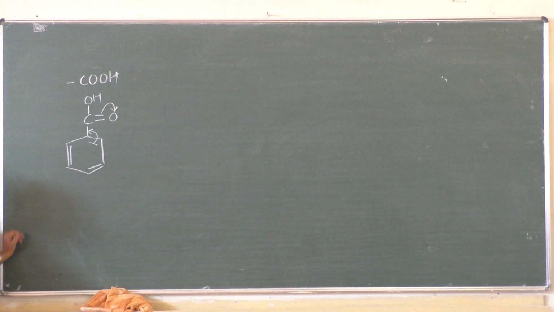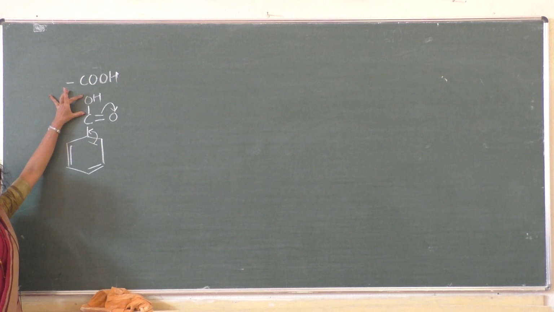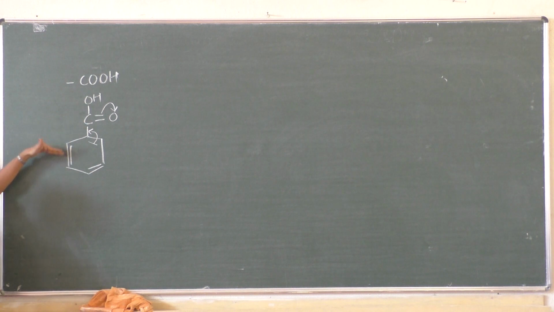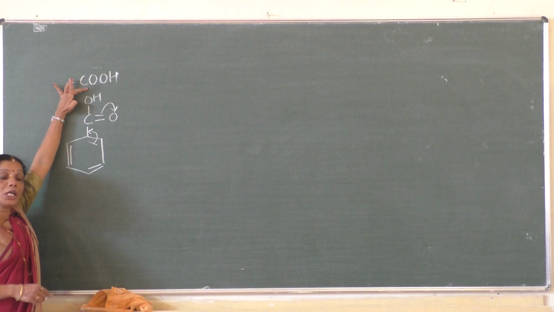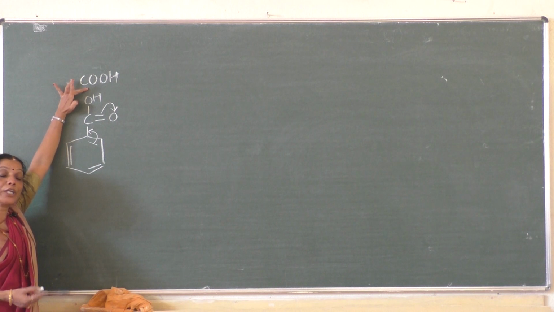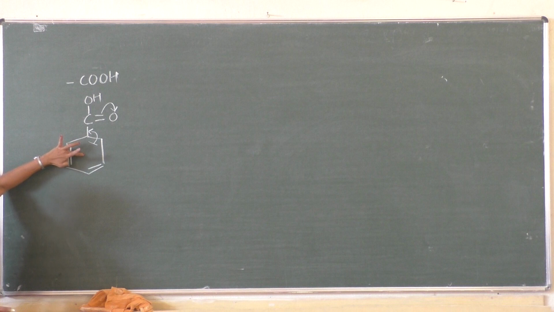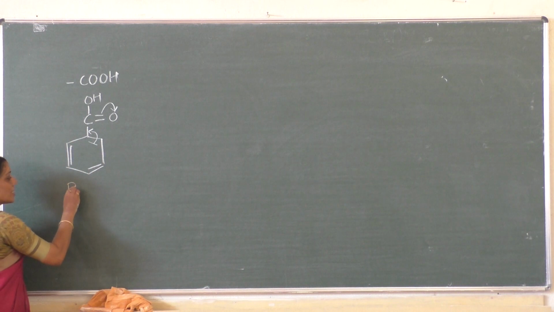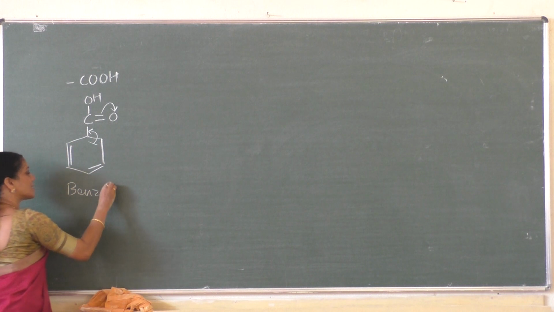Remaining part you can continue. This bond doesn't take part in a resonance. Understood now students? You can write the resonance structure of this also. The COOH group is also a group which shows negative resonance effect attached to the benzene ring I have written, and this compound is called a benzoic acid.